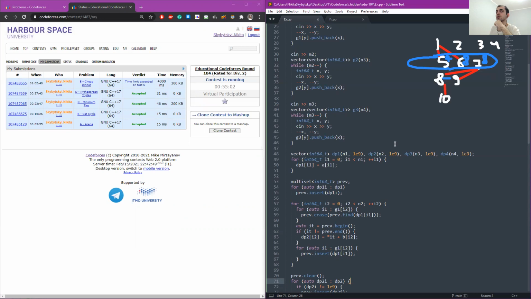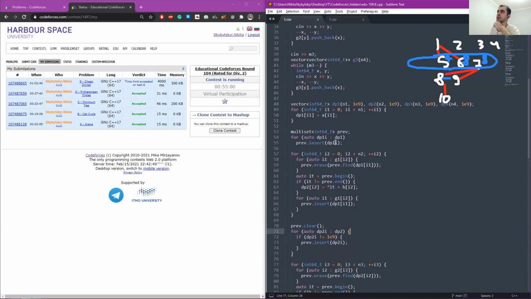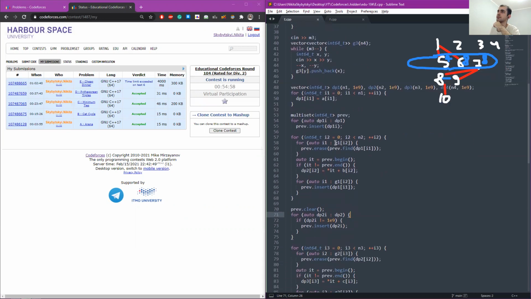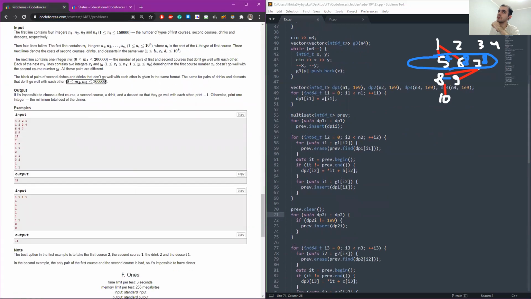It's actually not clear why this does not run fast enough. Because it actually does, no, okay, it does like 1,200,000 operations with multisets.